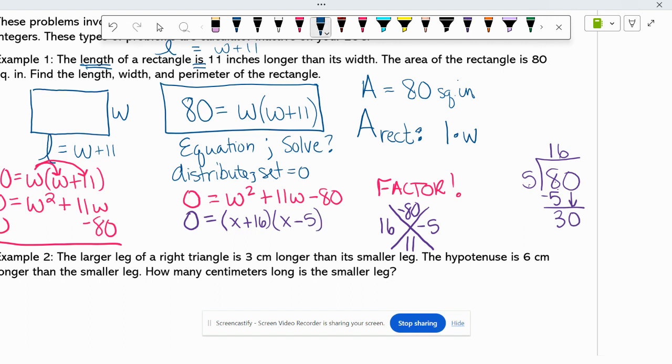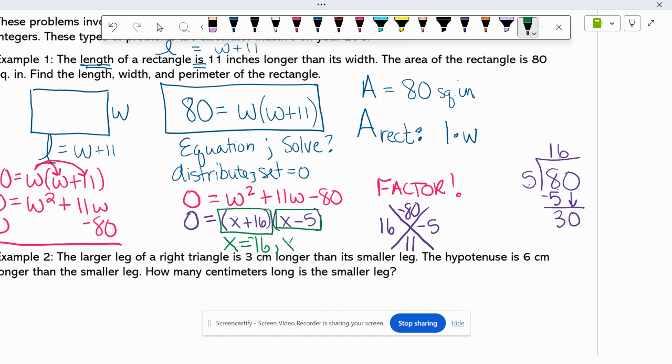All right, so now I need the solutions. So if my factor is positive, what is my solution? Negative. That means that x equals negative 16, or if my factor is negative, my solution is, or x equals positive 5.